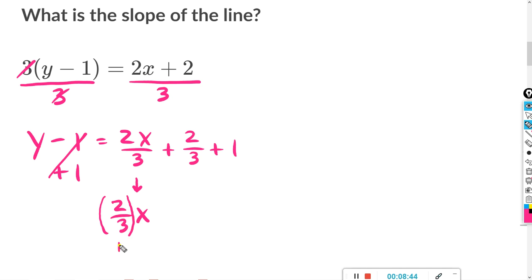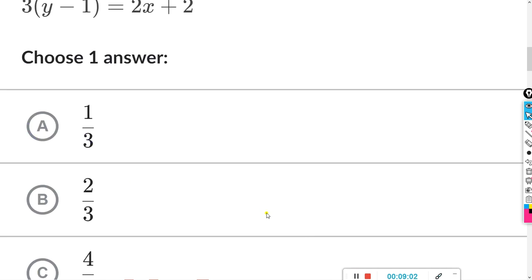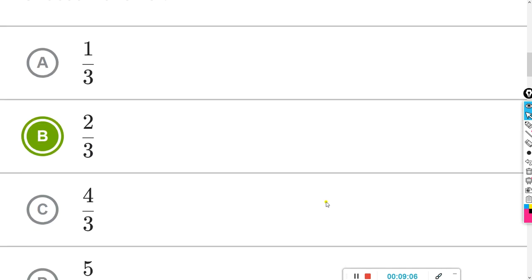So that's going to be our slope m, 2/3. Like I said, you can combine these if you want, but it's completely unnecessary. We already have y equals, and we just want the number times x, so that's 2/3. So scrolling to our choices, that is answer B, 2/3.